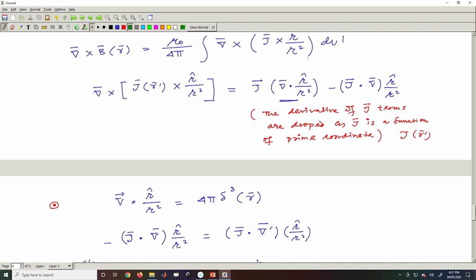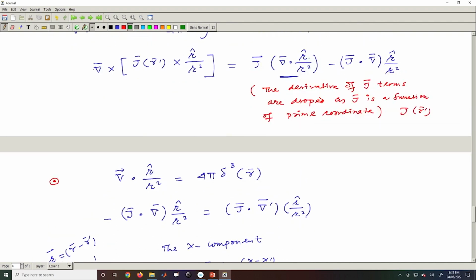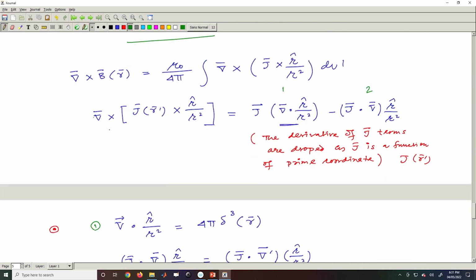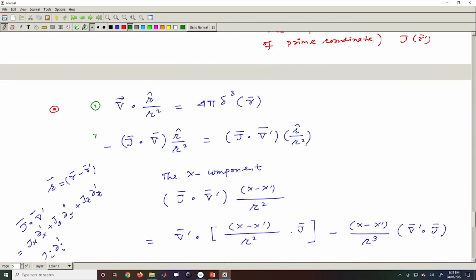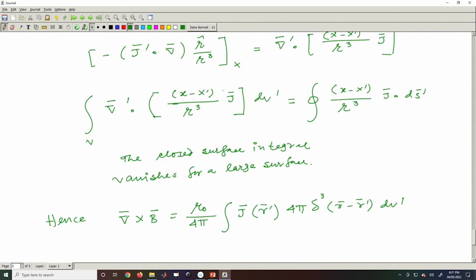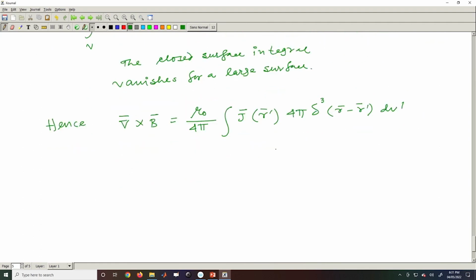This curl contains two terms, this is my term number 1 and this is my term number 2. Term number 1 is sustained, and the second term vanishes if I take a very large surface, so it will not contribute anymore.